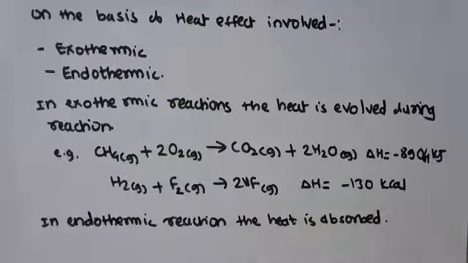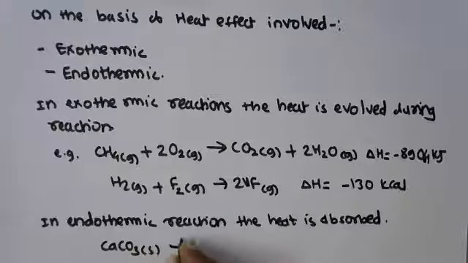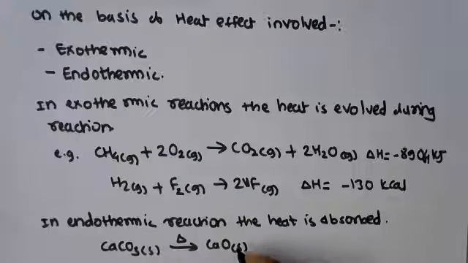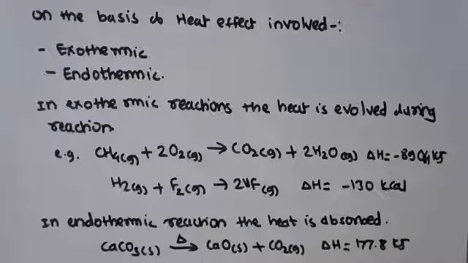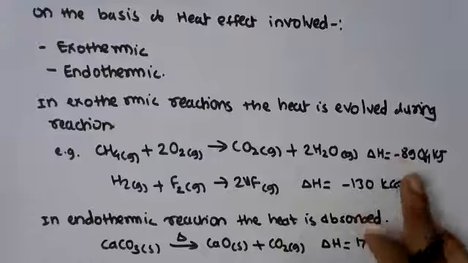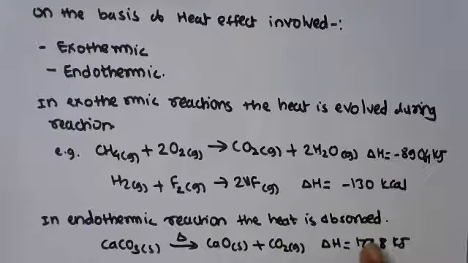So the examples of endothermic reactions are calcination, where heat is supplied, we get calcium oxide, that is lime, and the heat to be supplied is 177.8 kilojoule. So heat evolved is taken as negative, heat absorbed is considered as positive.